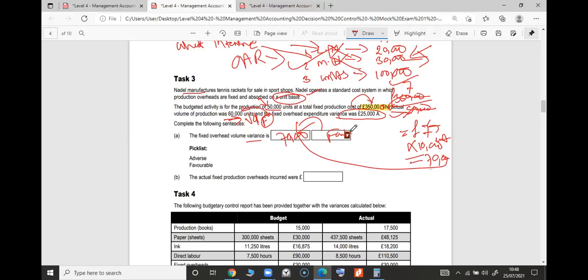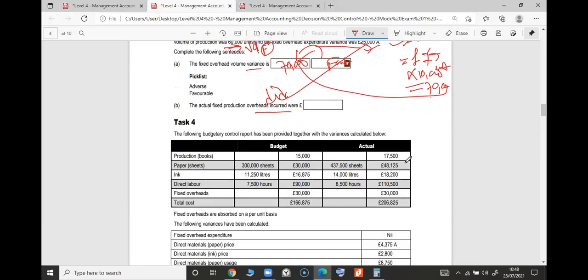Now, the actual fixed production overhead incurred. You thought 350,000 would cost you. And they're asking for the actual cost incurred, but they didn't give you any more information other than that the expenditure variance is adverse. If you thought 350,000 should cost you, how much did it cost you with the adverse variance? It should cost you, let's assume 350,000.